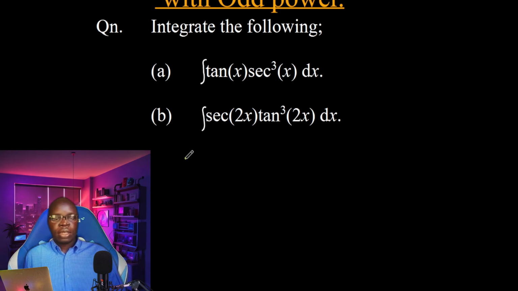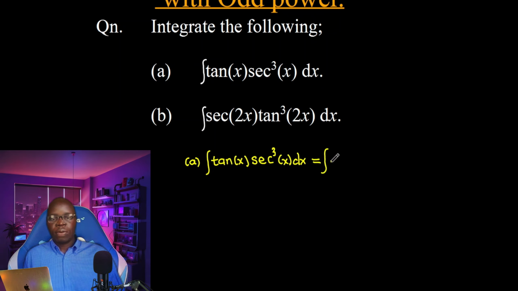So let's rewrite our question down here, and we have the integral of tangent with angle x secant cube with also angle x. This will be equal to the integral of tangent x times.